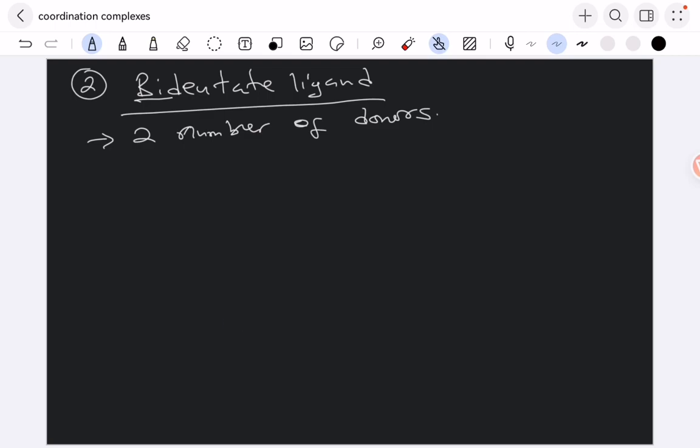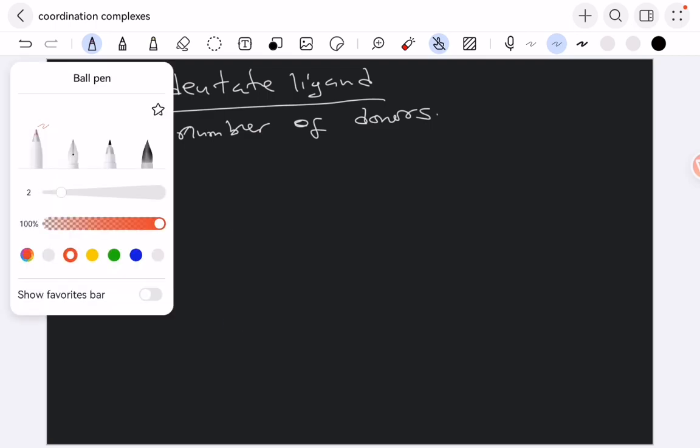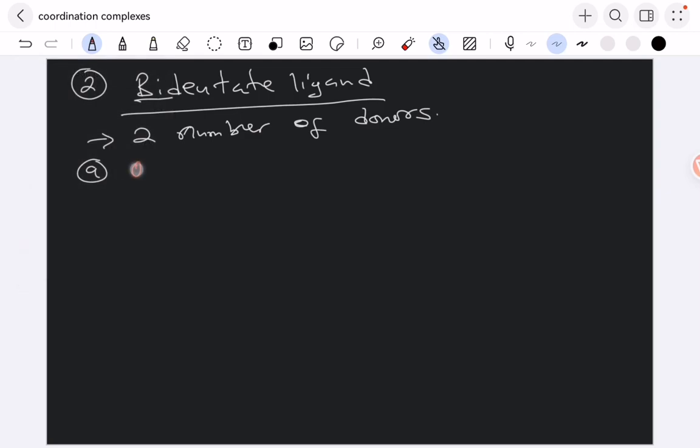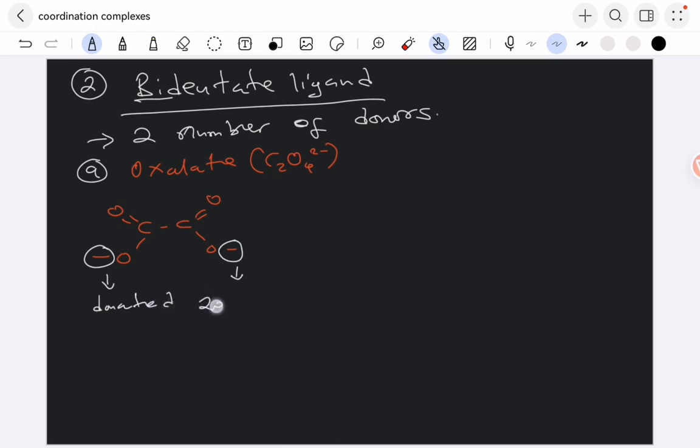The common examples are oxalate. Oxalate is C2O4 2 negative. When you look at it from a structural perspective, it looks like this. There's a pair of electrons here that can be donated. So there are two pairs that can be donated.